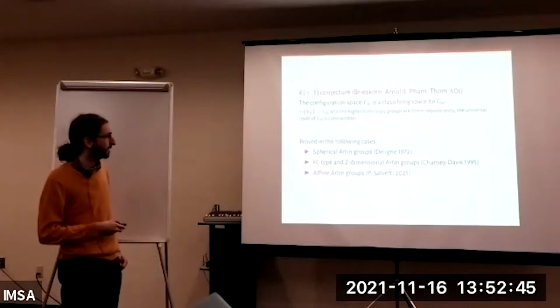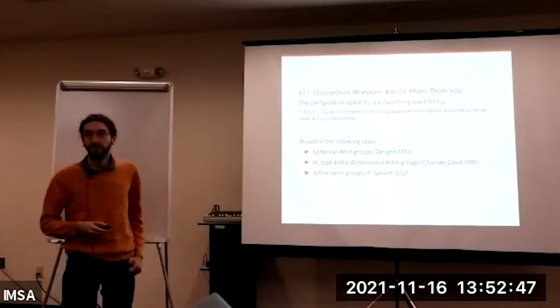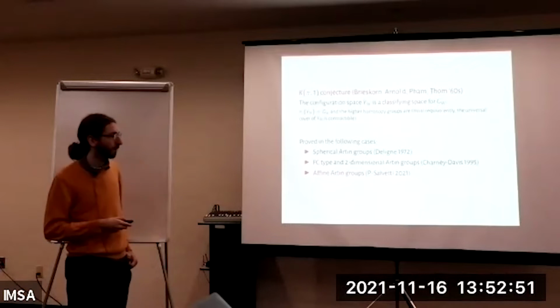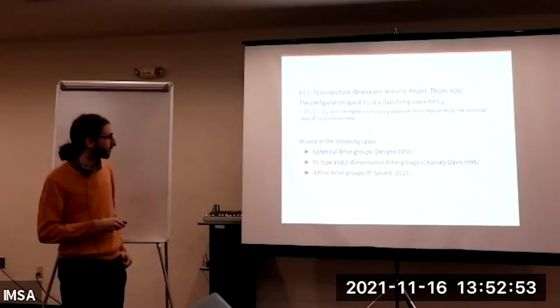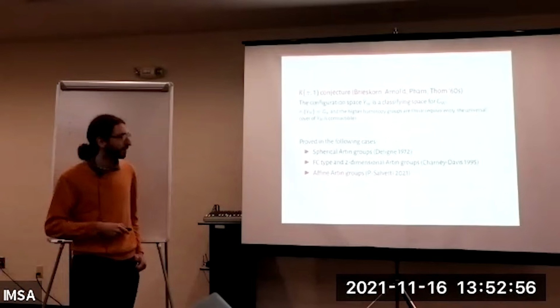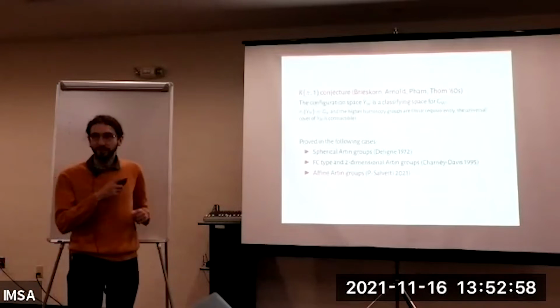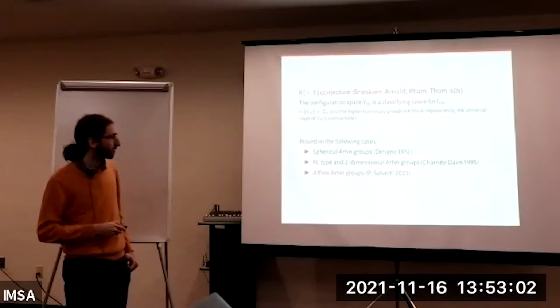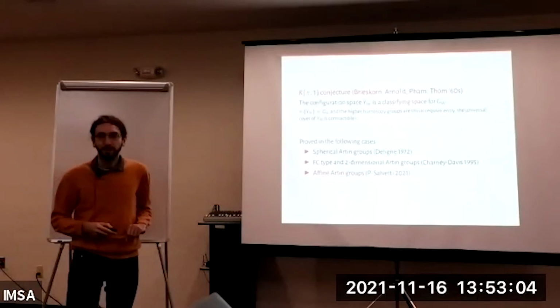We have seen that the spherical case was done 50 years ago by Pierre Deligne, and there has been, here I'm skipping some intermediate cases that were then generalized afterwards. So that's why the story is a bit compact here.